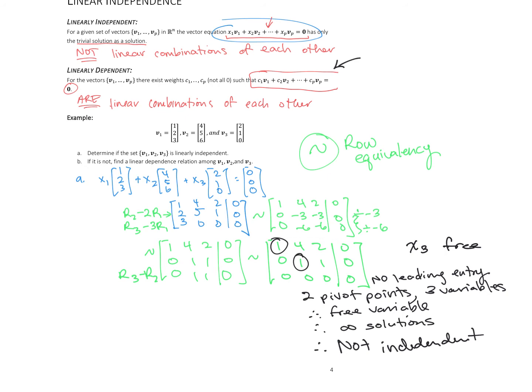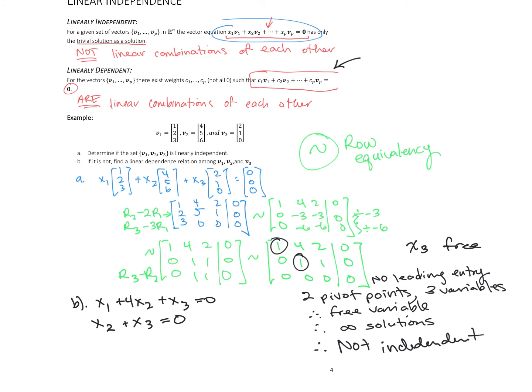If I think about writing these, this one says x1 plus 4x2 plus x3 is 0. And the one at the bottom says x2 plus x3 is 0. So x3 is my free variable, which means that I can pick a value for it.